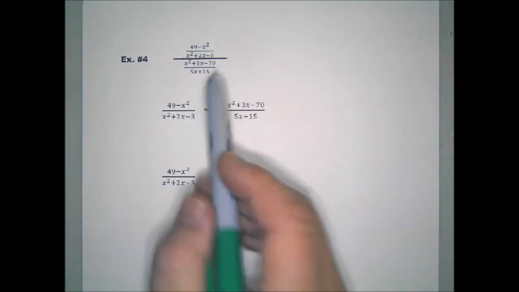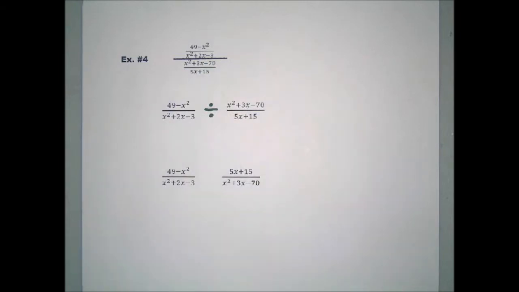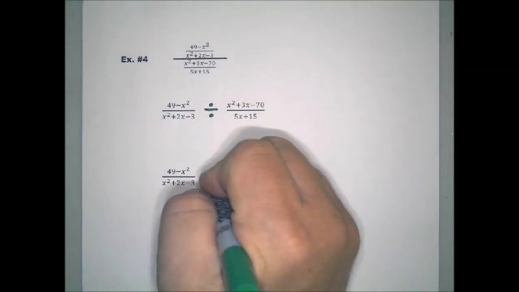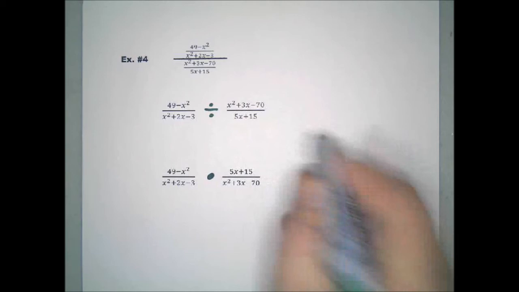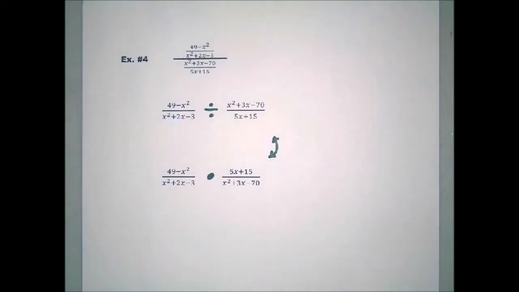And now that you've taken it from this form to this form, now we know what to do with it. The way you divide fractions is, you change the division sign to multiplication, and you flip the second fraction, and so really that's all I did.